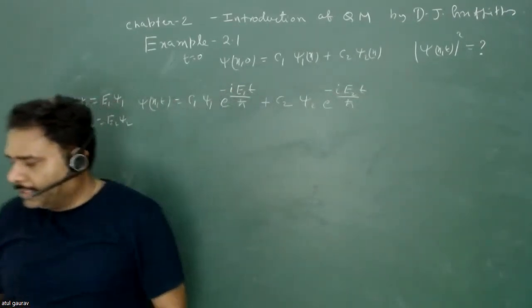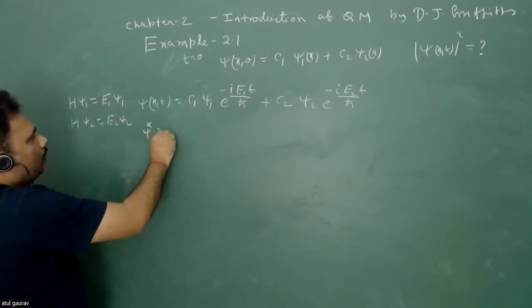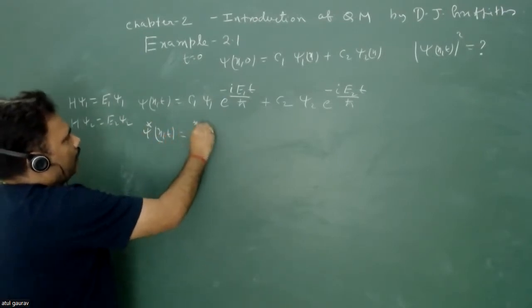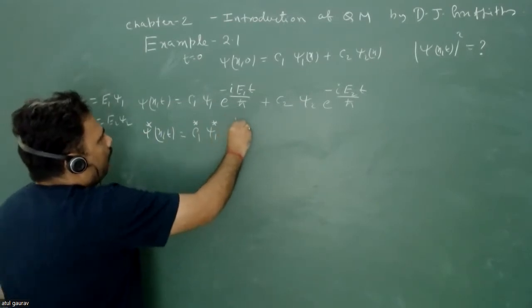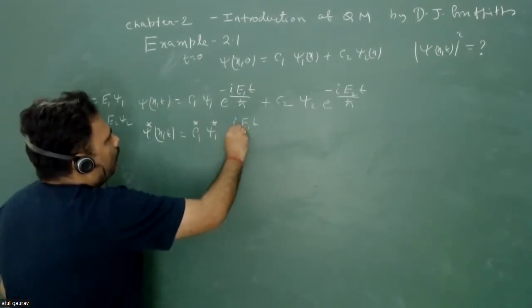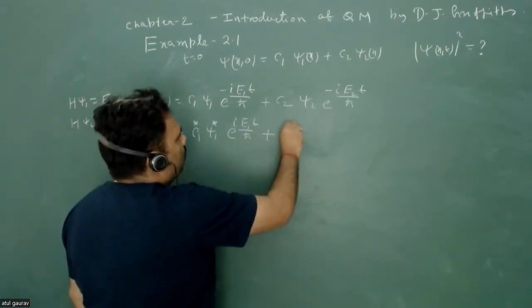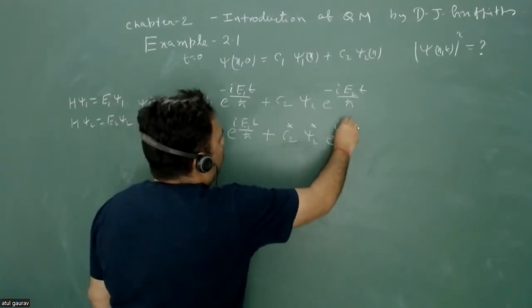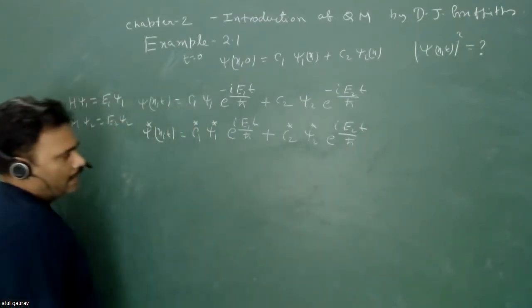So what will happen if we go for psi star (x,t)? The psi star (x,t) is nothing but C1 star psi1 star e to the power i E1 t upon h cut plus C2 star psi2 star e to the power i E2 t upon h cut.